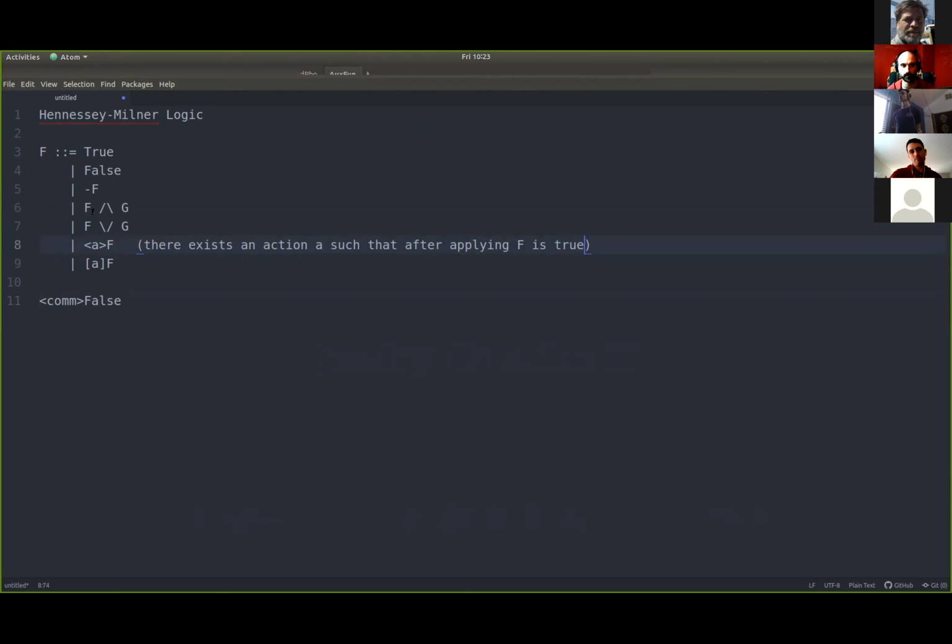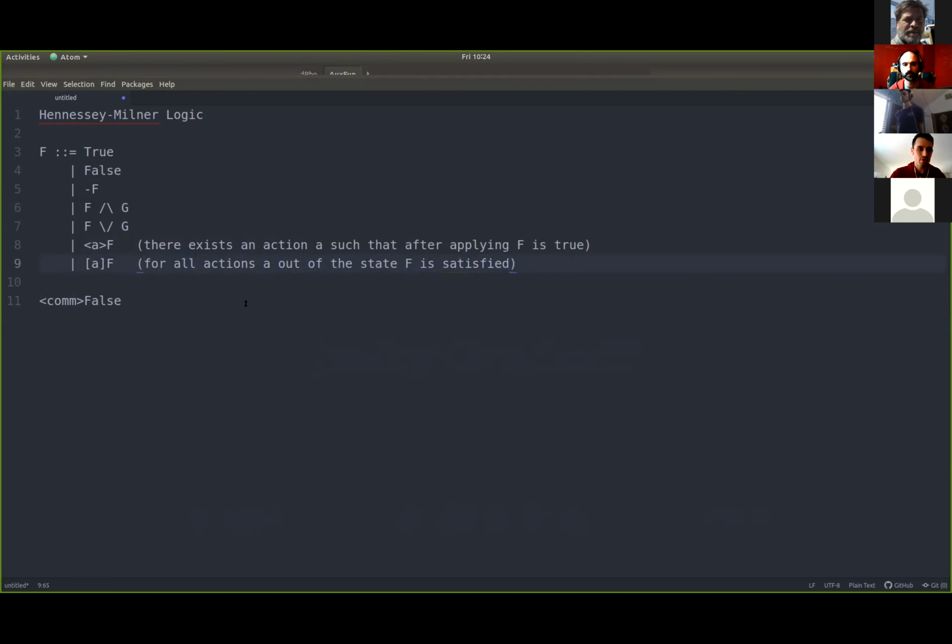Whatever this formula F is, the state that we're now in after applying this action A satisfies this formula. And a similar thing here, but this is for all A, for all actions. Oh, so when you say false, it's not possible to get into this state. This means false. Yeah, exactly. Oh, cool.